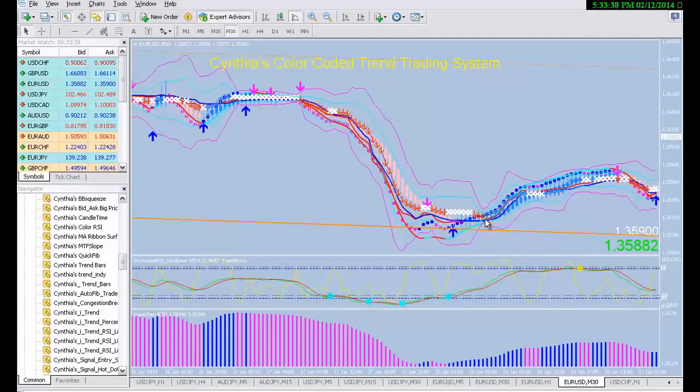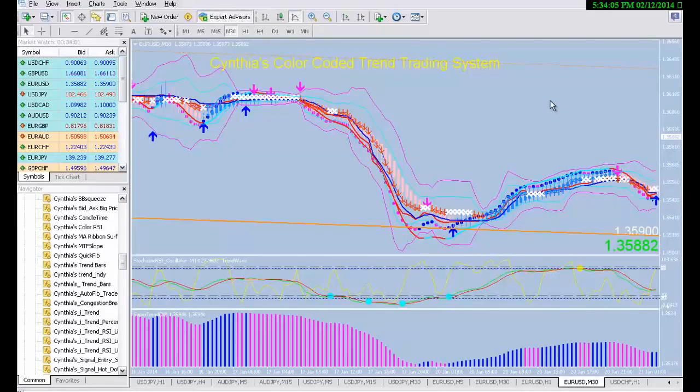So this would be your entry here to go long, and then you would stay long because the trend slope stays blue, but all of a sudden here the trend slope changes and turns red, and then you have the down arrow, but all along here you've had these white X's, a lot of them, and so somewhere in here, but to be exact, just get out whenever the trend slope changes.